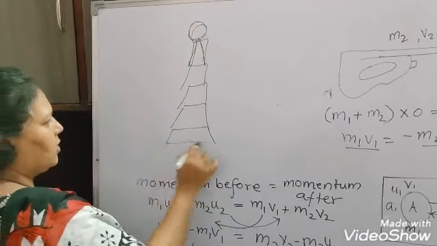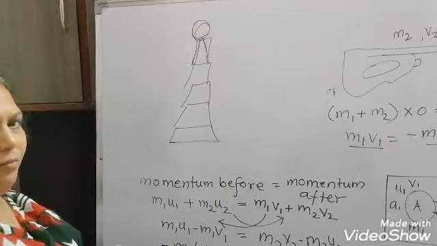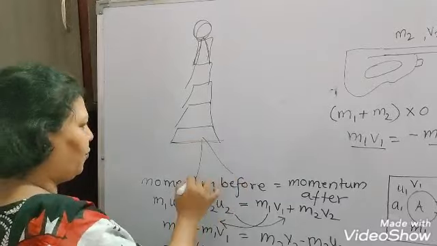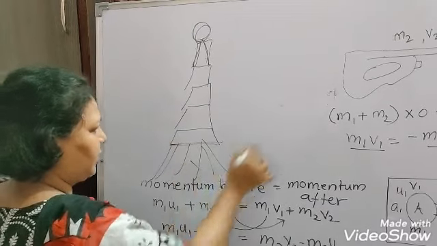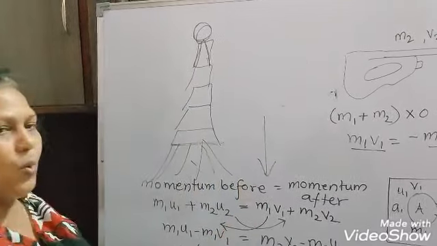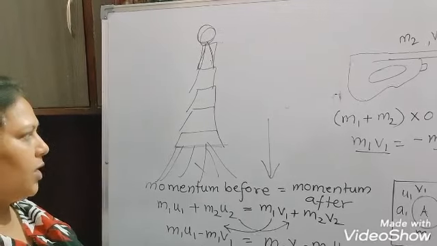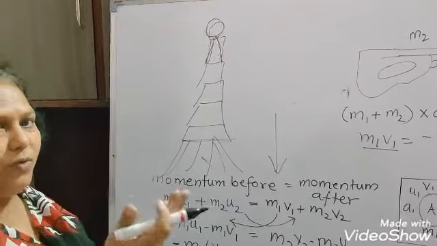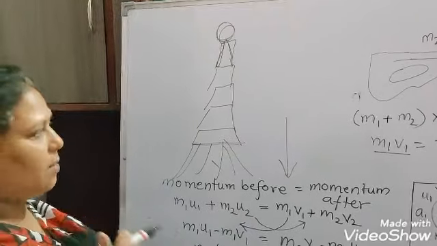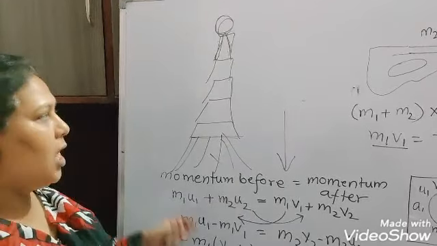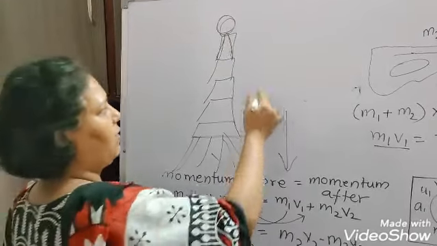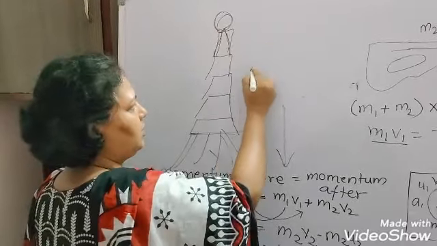When this fuel is burned, it moves with great velocity in the backward direction. Initially, when the rocket is kept as it is with the fuel and is not moving, the initial velocity of this whole system is 0.